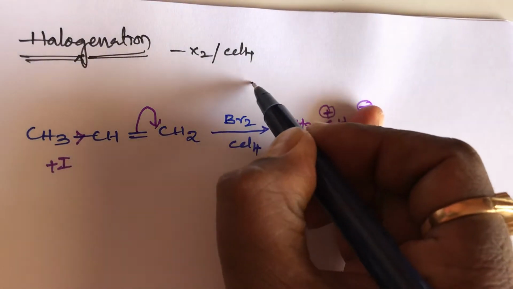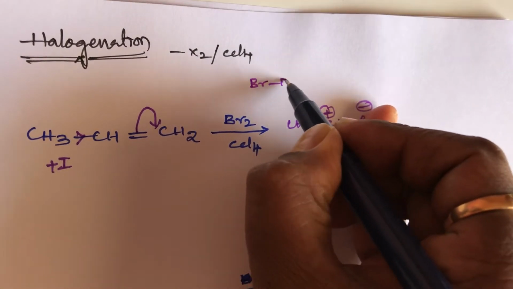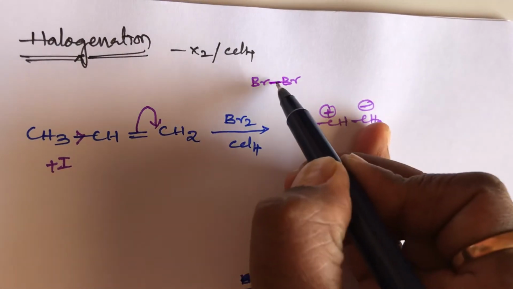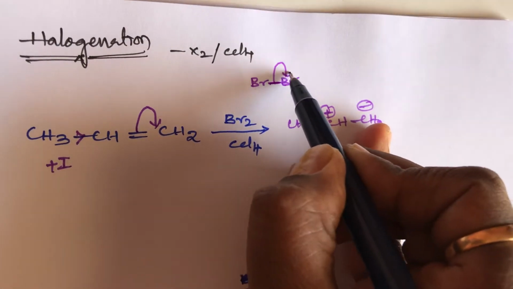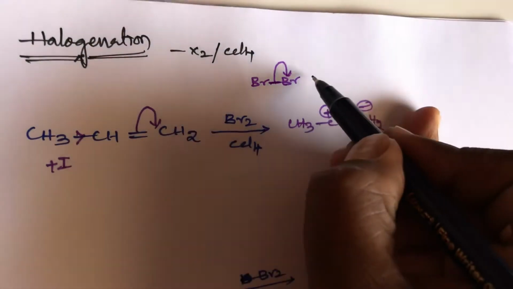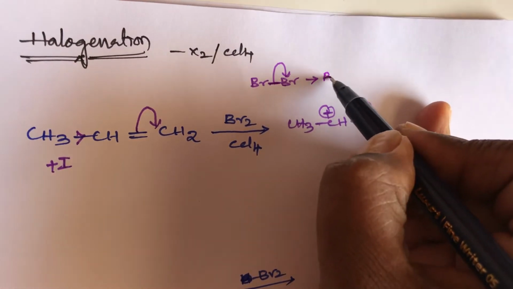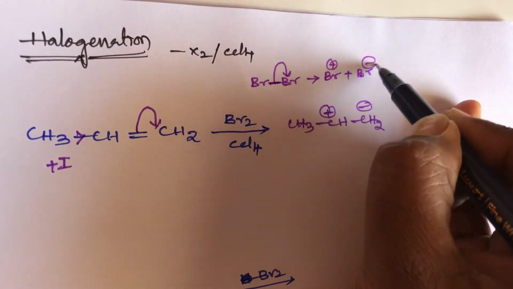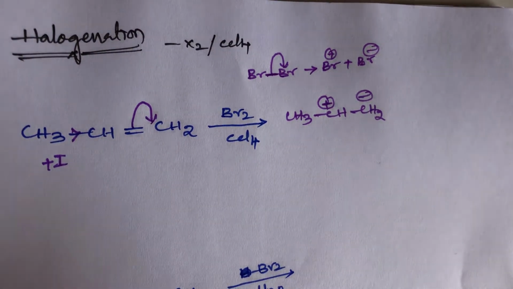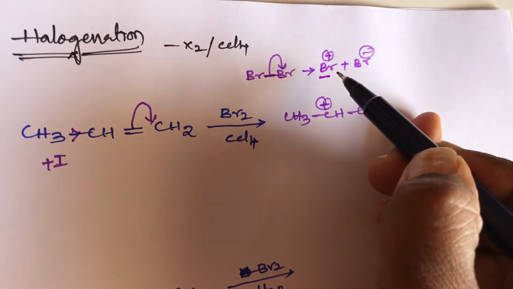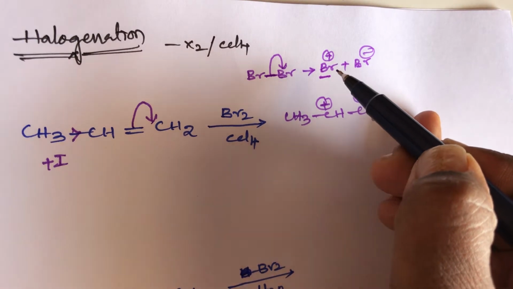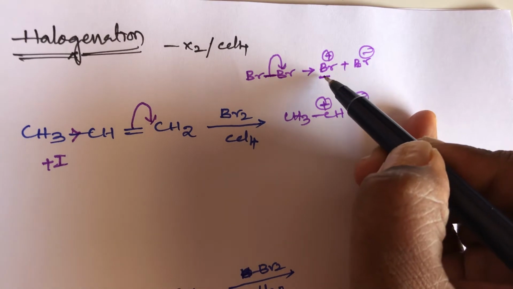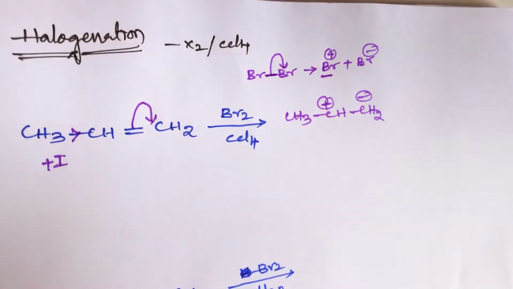Here Br2 is there, two bromines with one bond in between. This bond transfers completely to one side. One bromine gets a positive charge and another bromine gets a negative charge. So out of these two, one bromine acts as the electrophile and another bromine acts as the nucleophile.